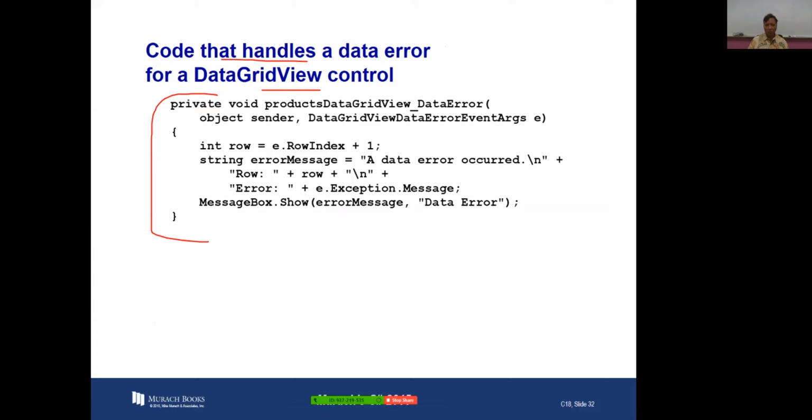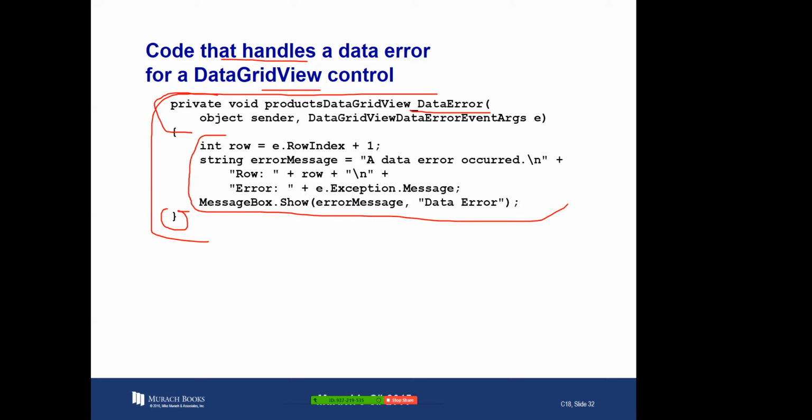We can just throw this method in there, and it's a data error event, so we have to go over to the properties window and find the data error event, and then we can double click on that, and that creates the shell for us to add this code right in here. And so we just type that in.